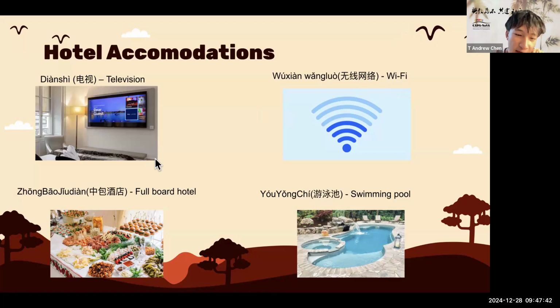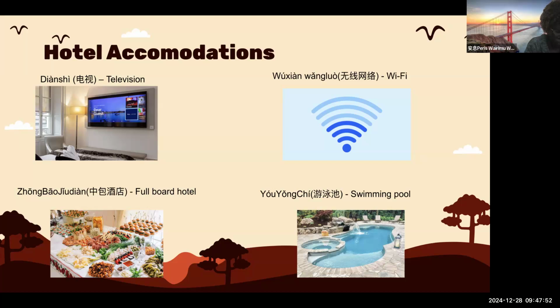So a full board hotel. This means that when the tourists pay for the hotel, if the hotel offers breakfast, lunch, and dinner for free as part of the paid plan, that's called a full board hotel.